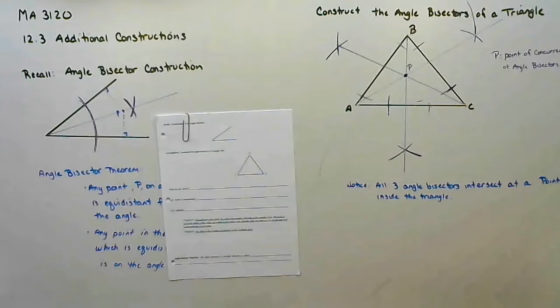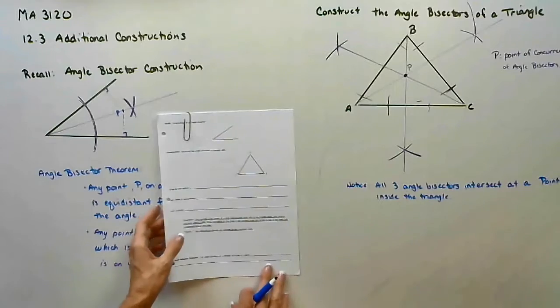Do we have a point of concurrency? Yes. Well, we already defined a point of concurrency. That is the intersection of two or more lines. Okay? So we already did that definition.